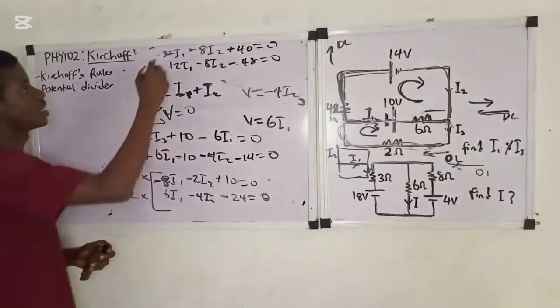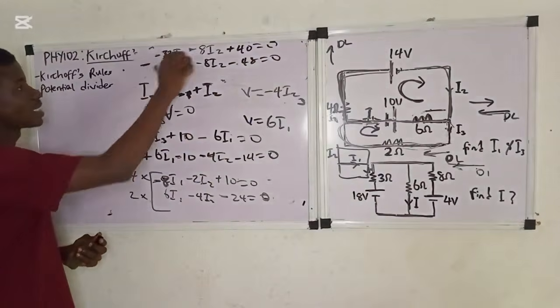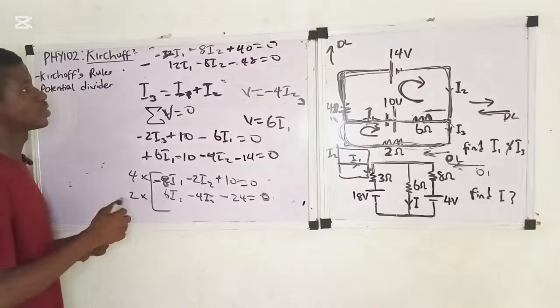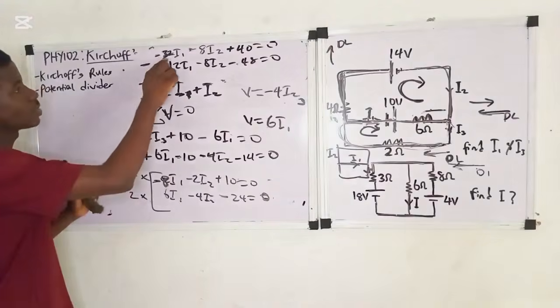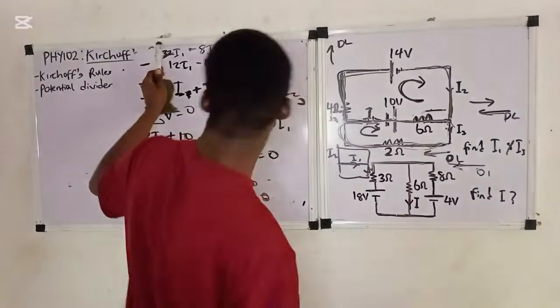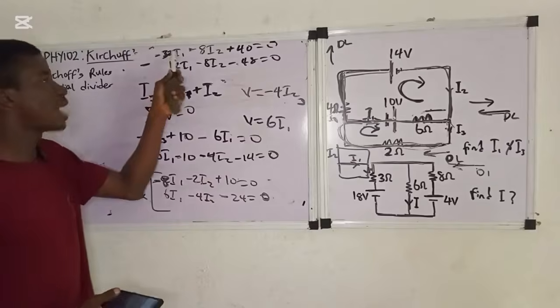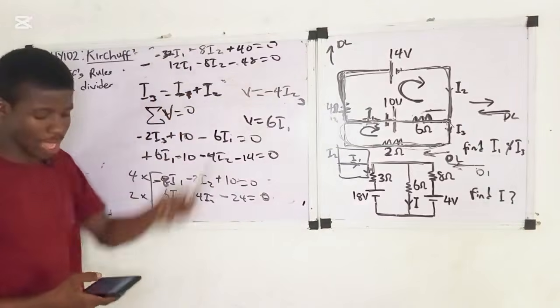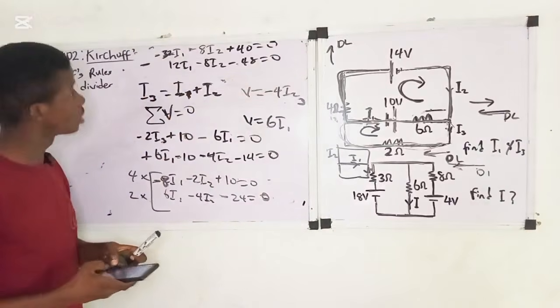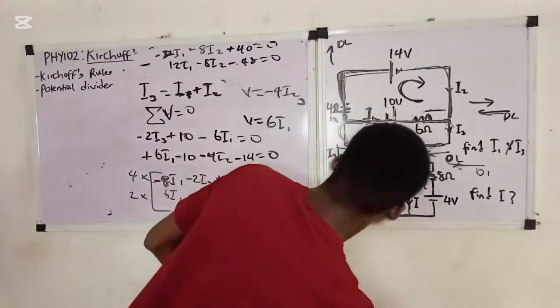So what I'm going to do next, according to simultaneous equations, we subtract this equation from this one, right? So let's subtract it now. Minus 32 I1 minus 12 I1: minus 32 minus 12 will give us minus 44.